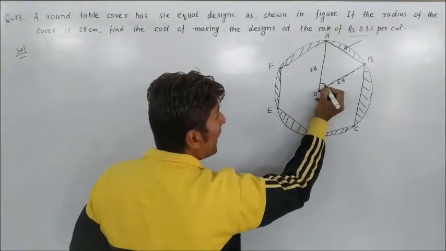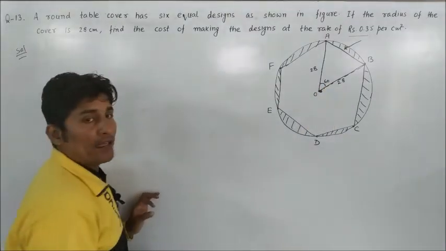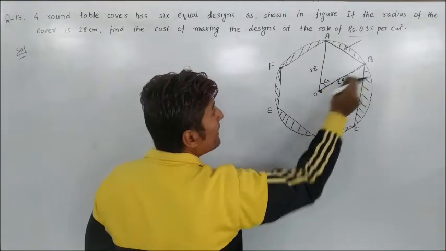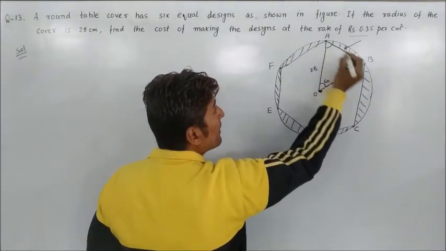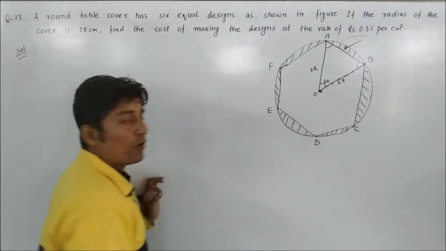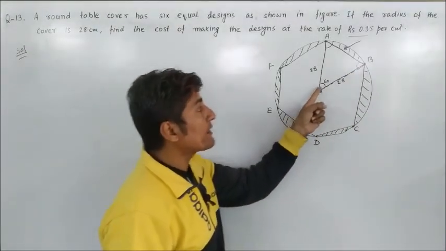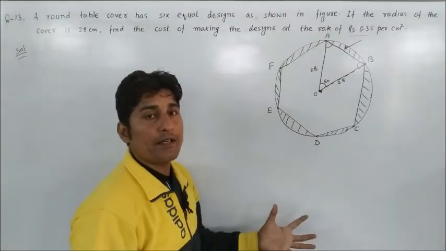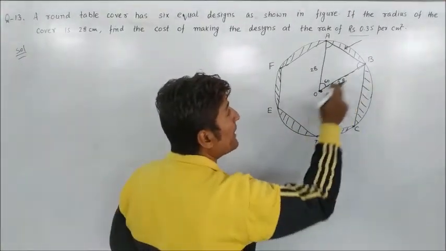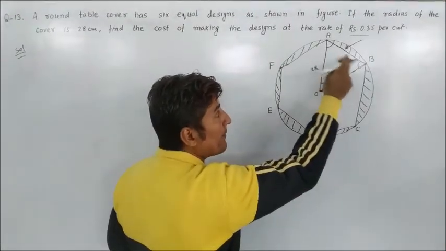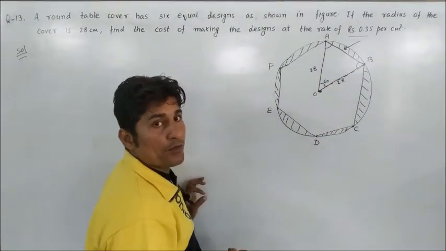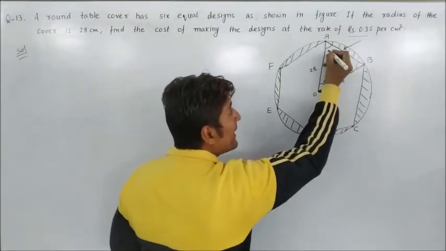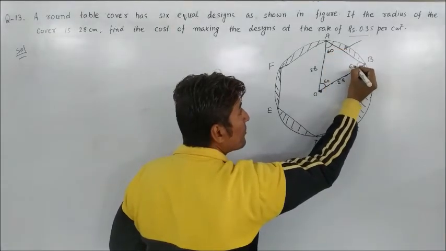It will have an angle of 60 degree at the center. Since the measurement of this angle is equal to 60 degree, and OB and OA are both equal, the measurement of these two angles will also be equal. The sum of these two angles is equal to 120 degree, and both are equal, hence each angle will be 60 degree.